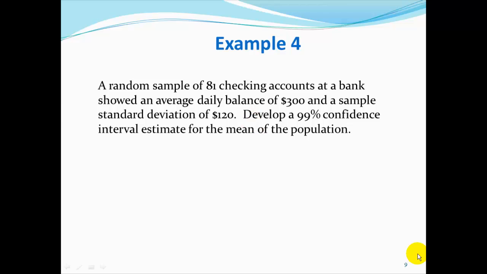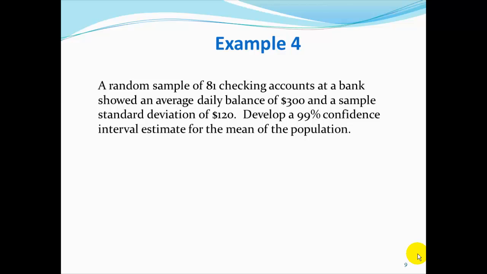Example 4. A random sample of 81 checking accounts at a bank showed an average daily balance of 300 and a sample standard deviation of 120. Develop a 99% confidence interval to estimate the mean of the population of all account daily balances.